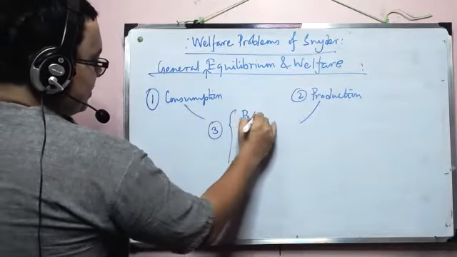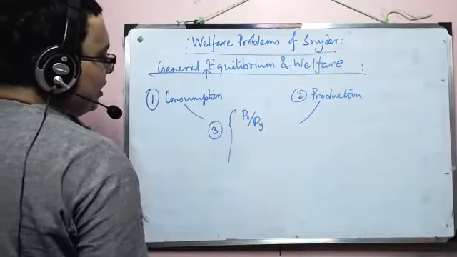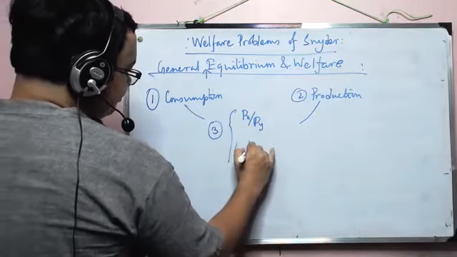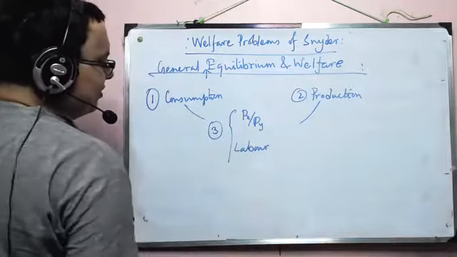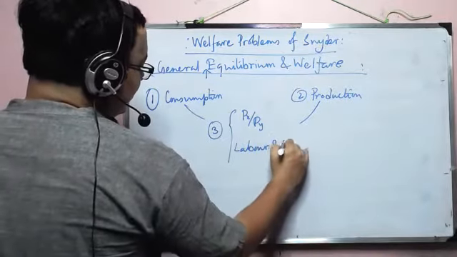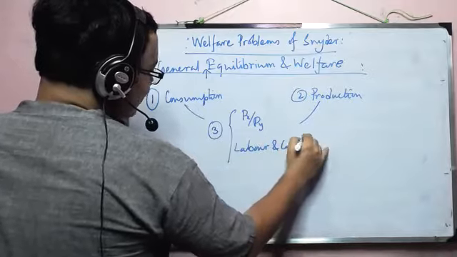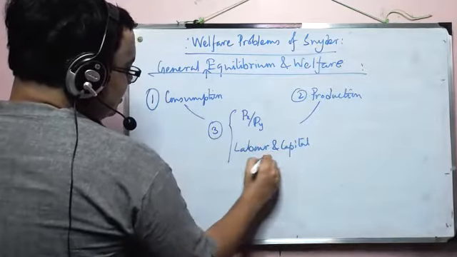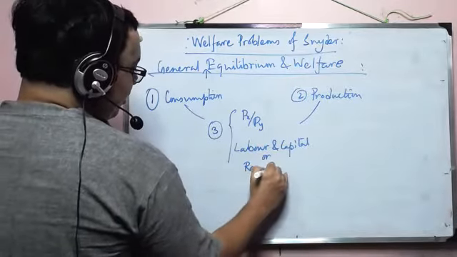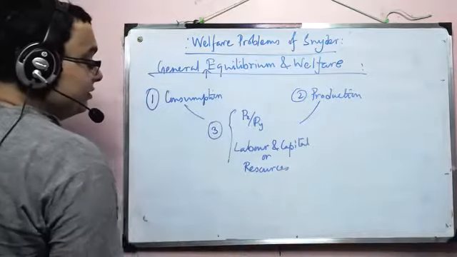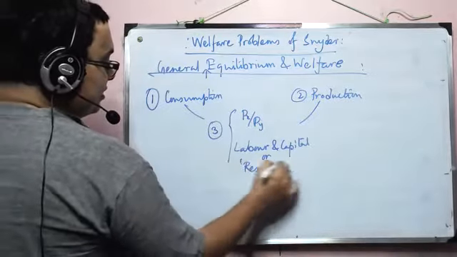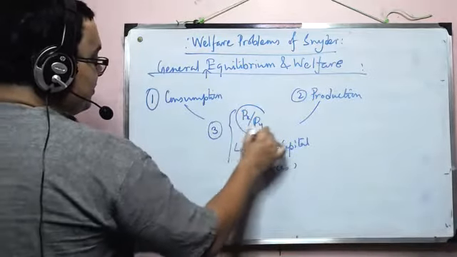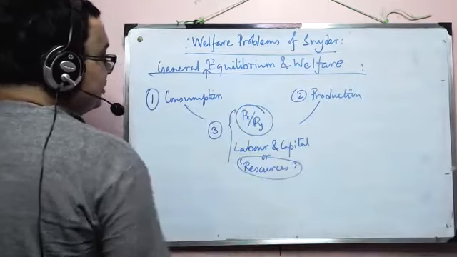The first one is price ratio, and the other thing is labor, and capital, or possibly resources in general, and px by py. These are the two things that connect them.